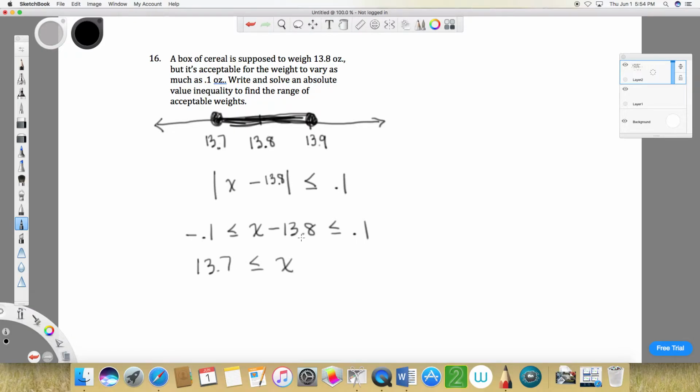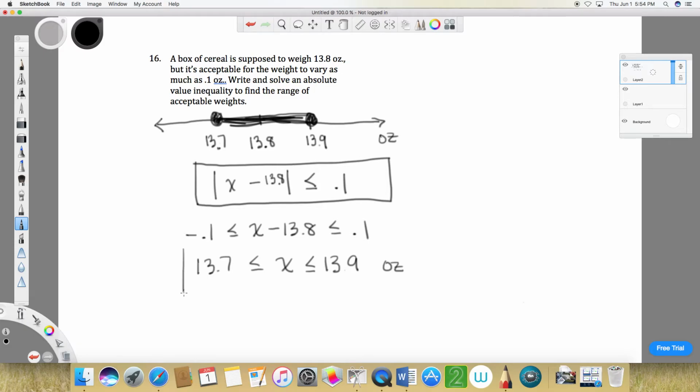The negative and positive 13.8 cancel. And here I get 13.9. Remember, this has units of ounces. So here was my absolute value inequality that modeled this situation. And here is the acceptable range for the weight of my box of cereal.